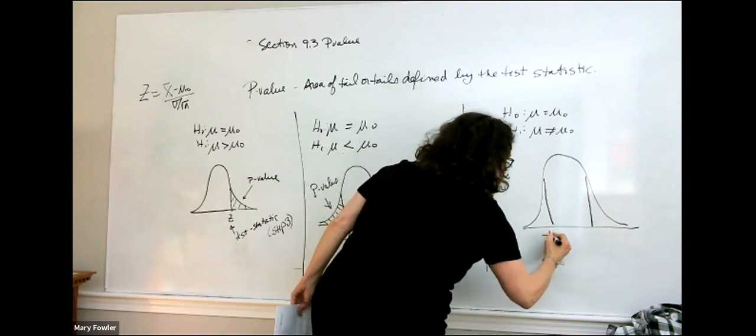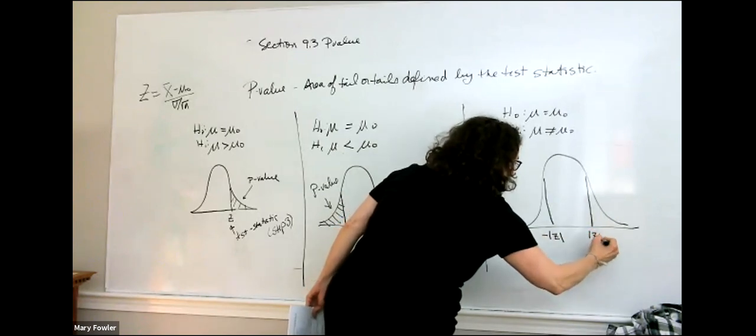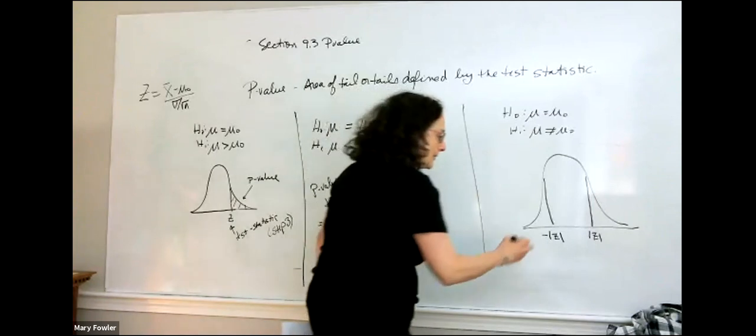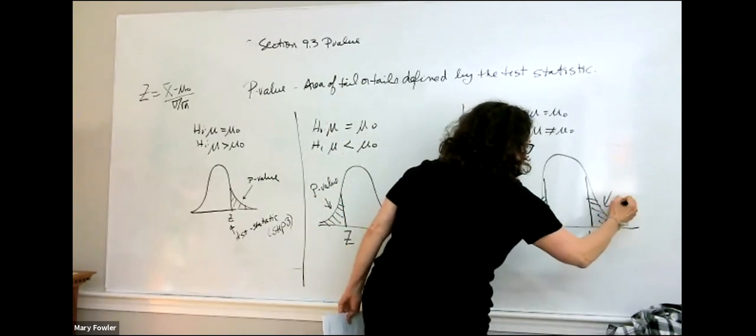We can take its absolute value. This is the mathematical notation for that, but you don't have to worry about that. It's just take both tails so that they're symmetric.